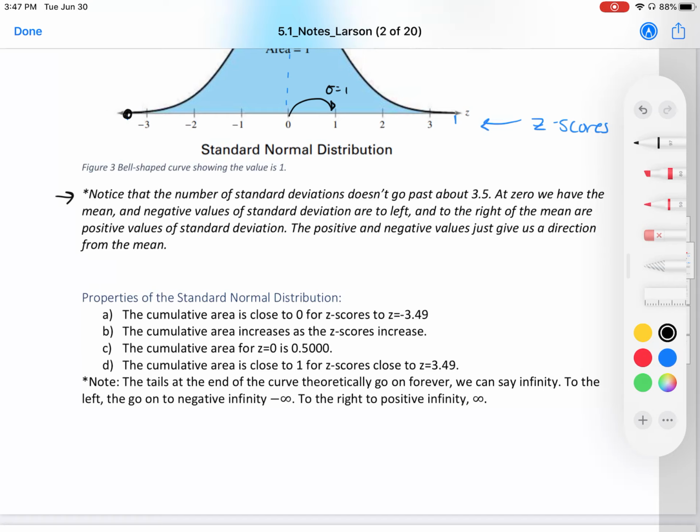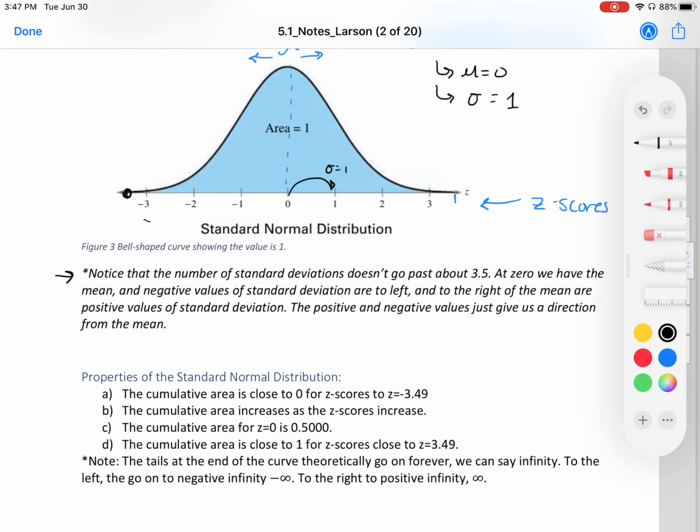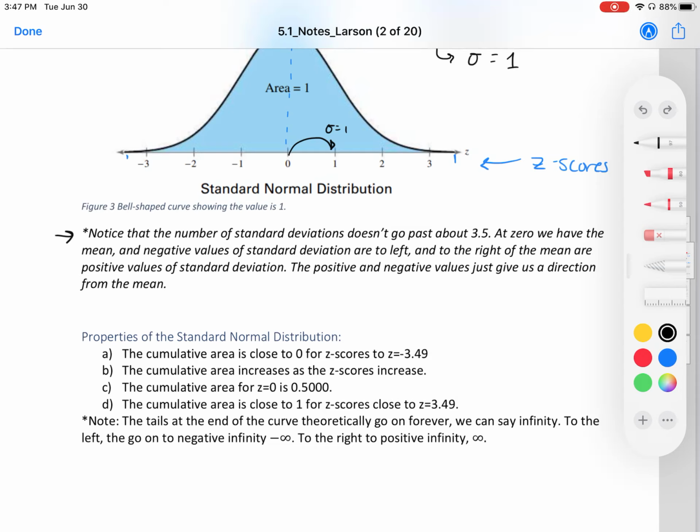B, the cumulative area increases as the z-scores increase. And that makes sense. As you get a higher z-score, your area will also increase. C, the cumulative area at z equals 0 is half. That would make sense because that would be half of 1.